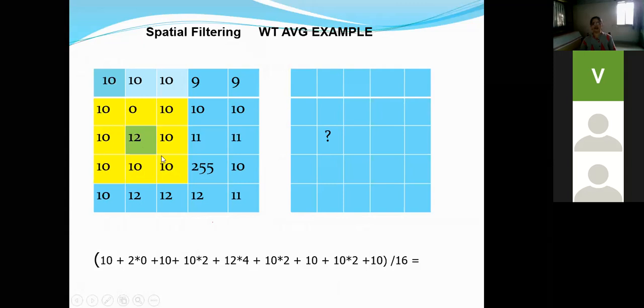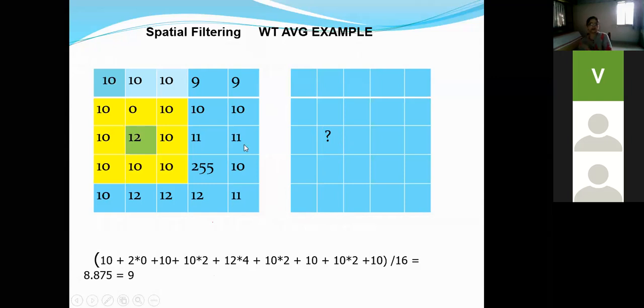You take the total sum, divide it by 16, and with this you get the new value of this pixel. Yes Mehak, I think your answer is correct. It is 8.875, so this pixel value 12 will be replaced by 9.